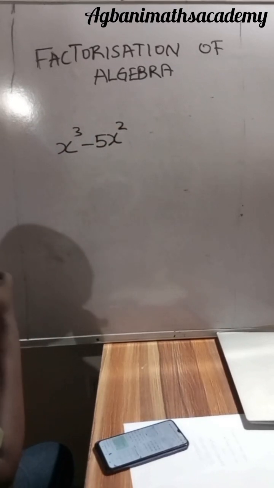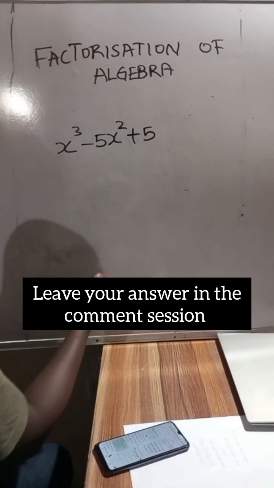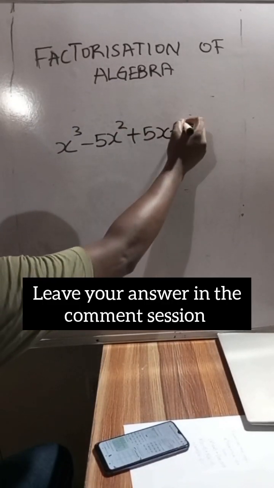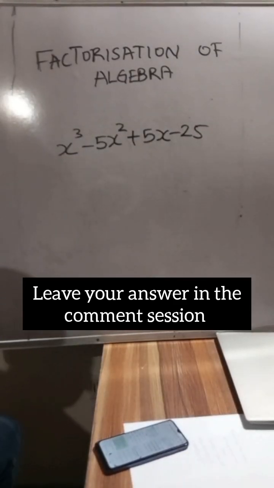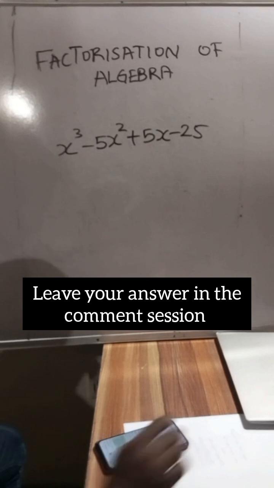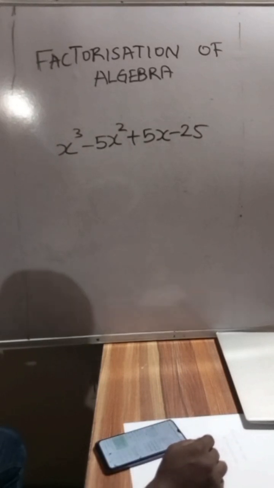I don't know how you'll be able to write down the answer, but just try it out. Even if you can't write the answer in the comment section, just try it out, because I'm rounding up for today.